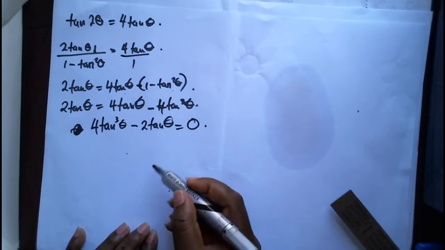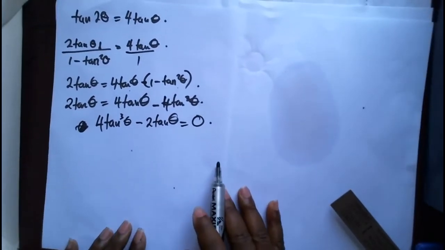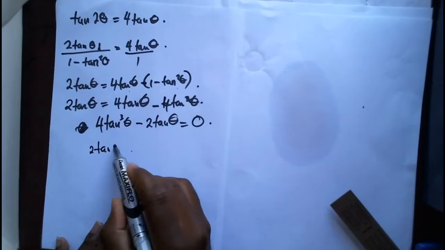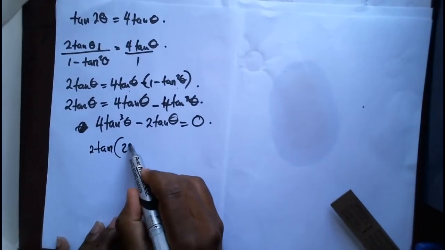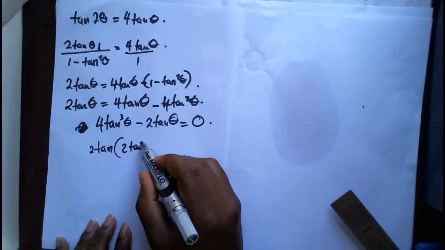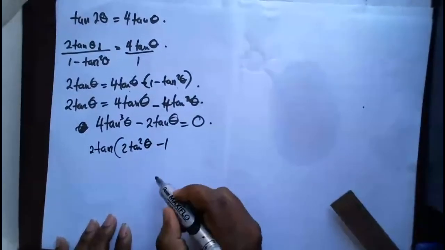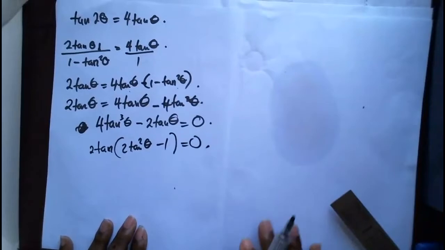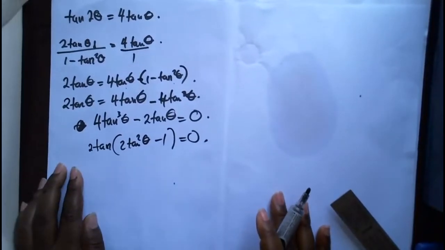Now I factor out what is common. 2 tan theta is common. So 2 tan theta times 2 tan squared theta minus 1 is equal to 0. The moment I do this, it is easier.